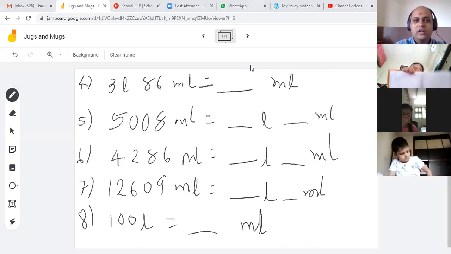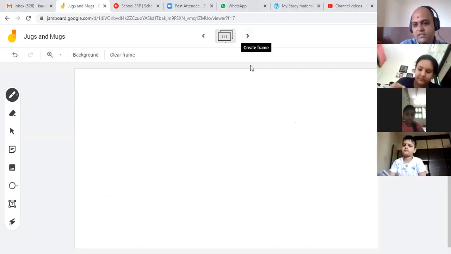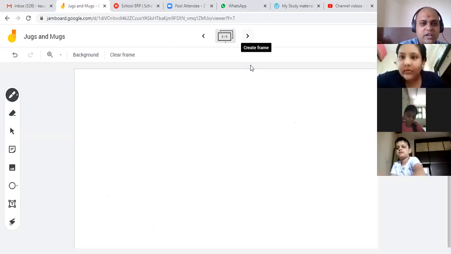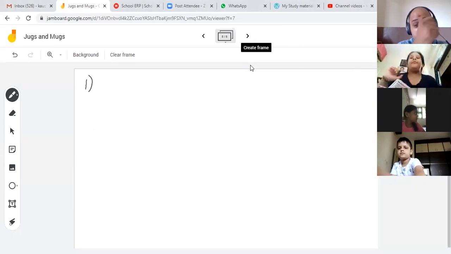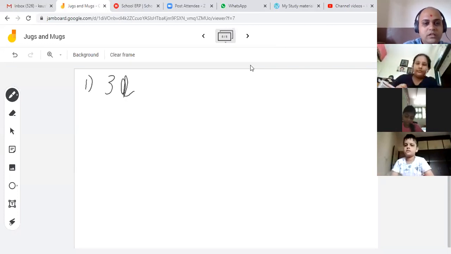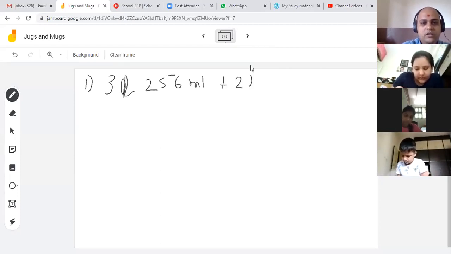Good. Chalo. We are going to the next slide where you have to add, okay? Addition and subtraction. So let's try an example. Here, 3 liter 256 ml plus 2 liter 784 ml.